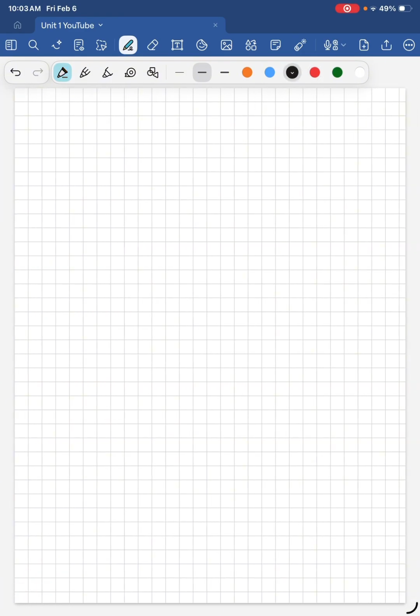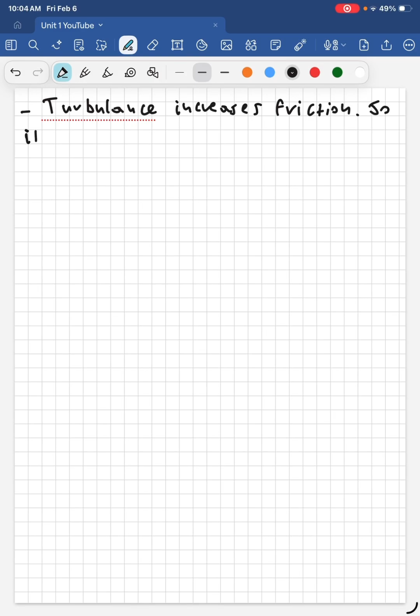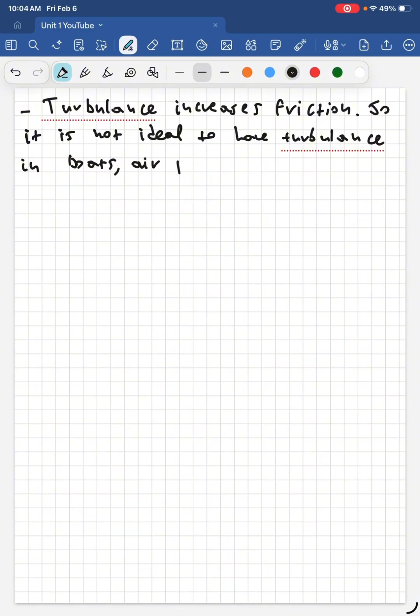So turbulence now increases friction, so it is not ideal to have turbulence in boats, airplanes, etc. Therefore, because you don't want turbulence, a very important concept is streamlining.